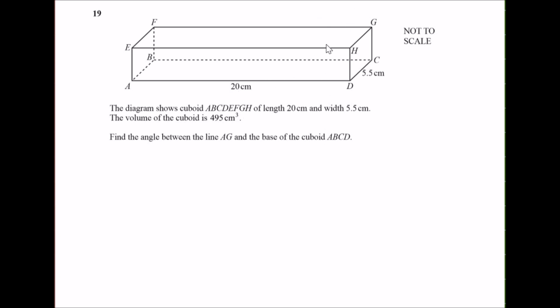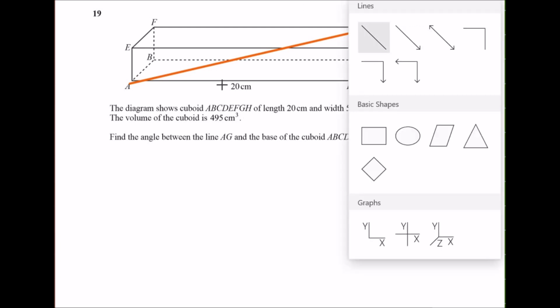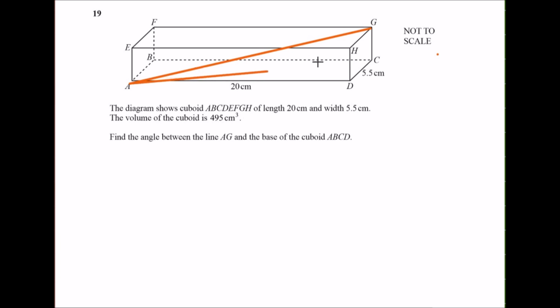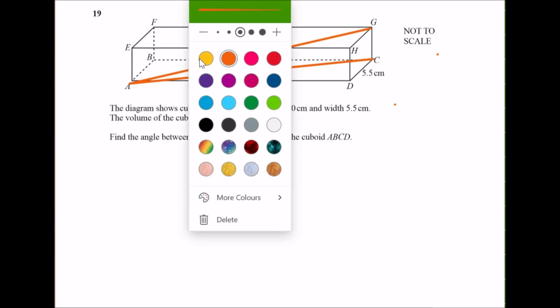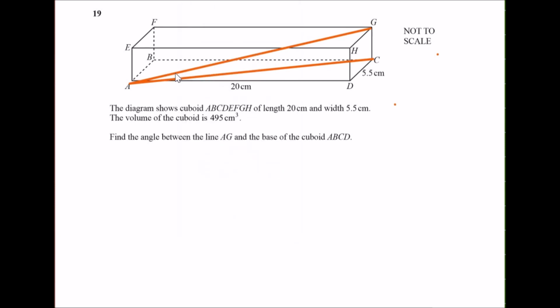What you need to do here, let us take AG. Let me draw AG. So AG we have there, and we have to find the angle from here to the base, so we need to find this angle here, this one.